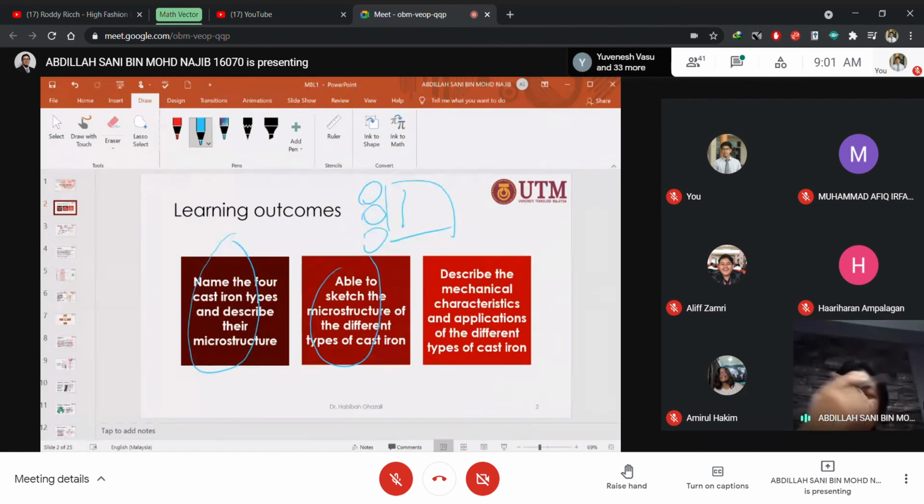For the malleable, we do some heat treatment from the white cast iron. So for the first two, you need to know how to draw the microstructure, and for the last two, you need to know the final product, how it looks.